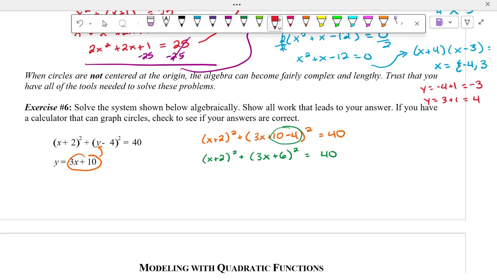Now I can expand. So you can do a quick box method for this, but if I expanded, I would get x squared plus 4x plus 4 plus 9x squared plus 36x plus 36. And that'll be equal to 40.